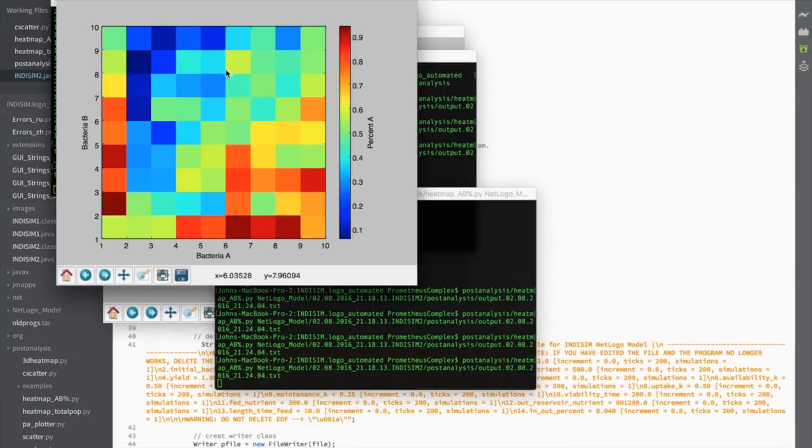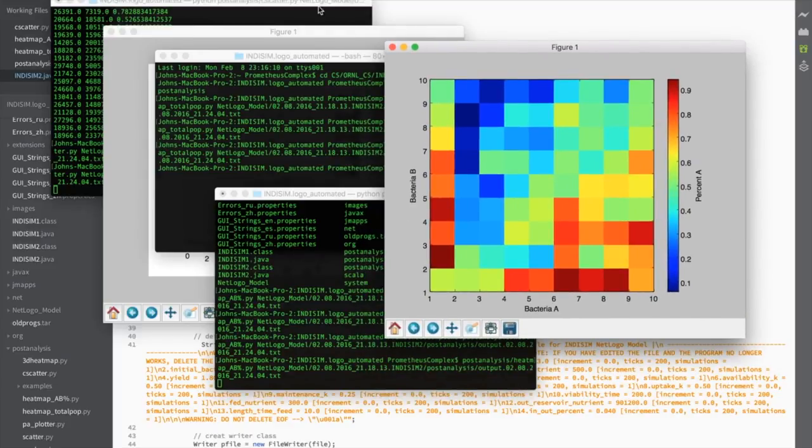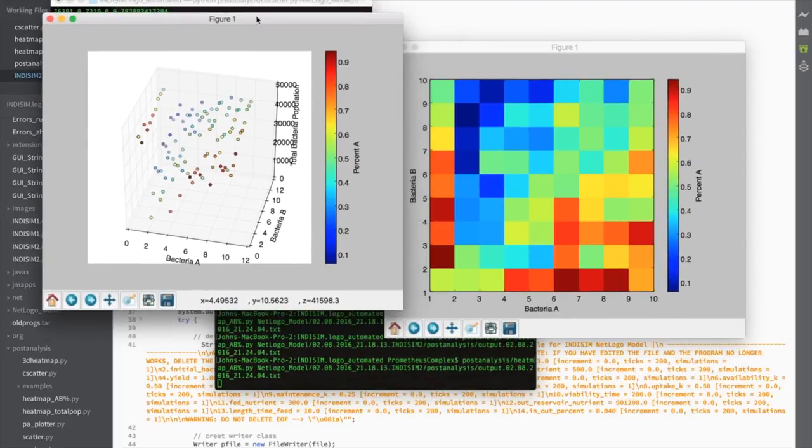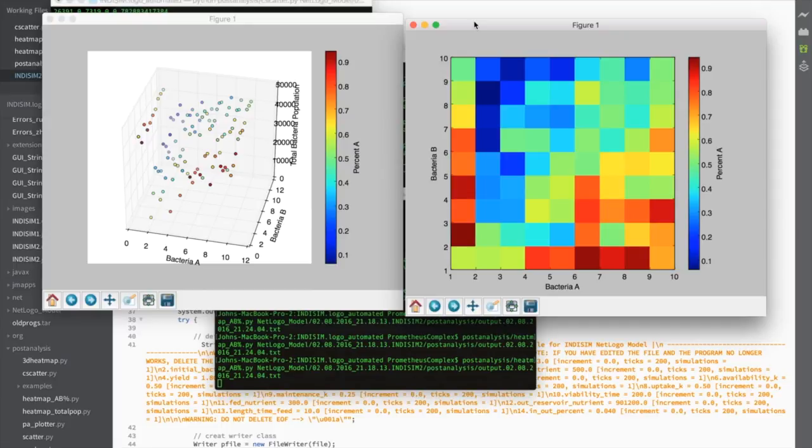Now let's look at this. This is purely a heat map representation of the percentage of A. So this has nothing to do with total population. This is simply bacteria B, bacteria A, and the percentage of A, where of course red is very high percentage of A and blue is very low.